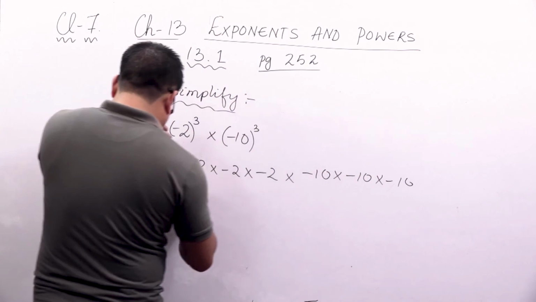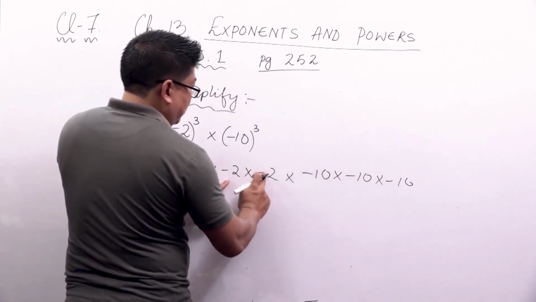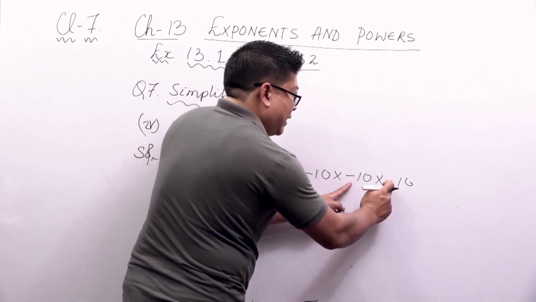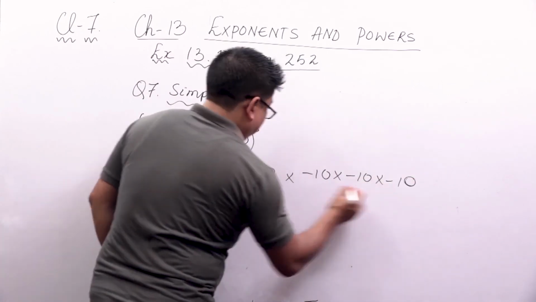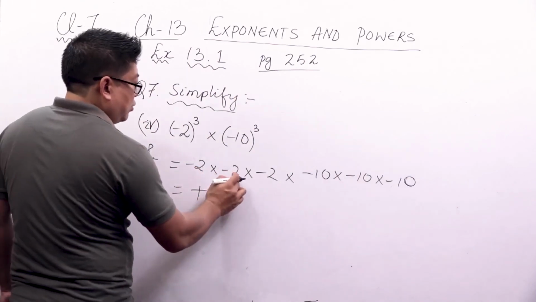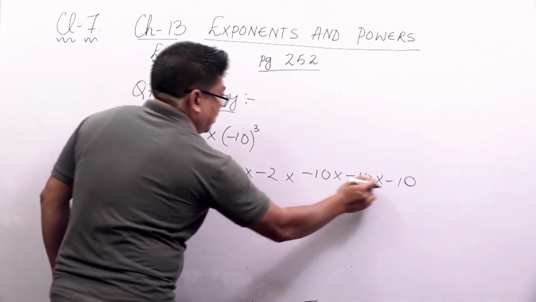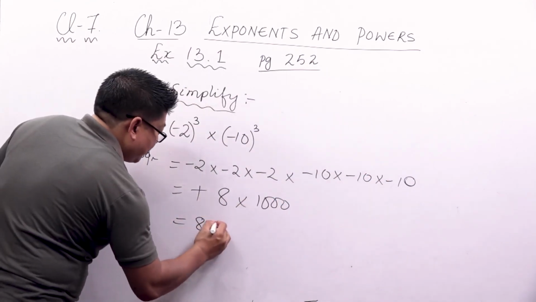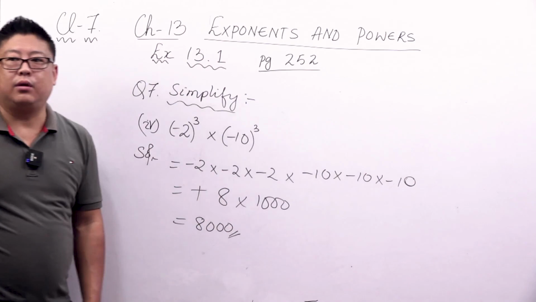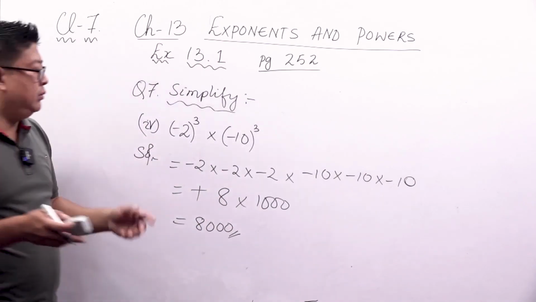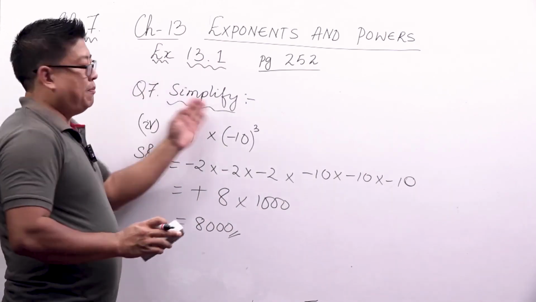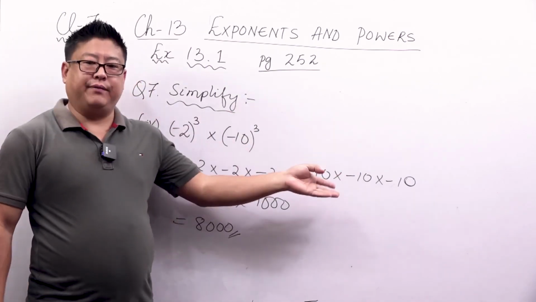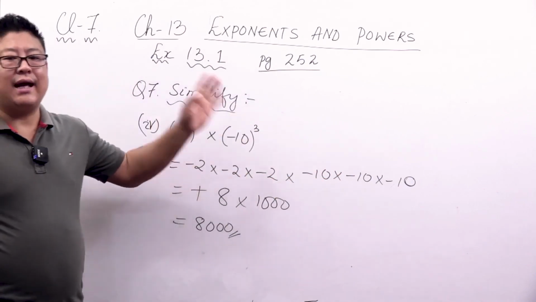Minus into minus plus, plus into minus minus, minus into minus plus. So our sign will be plus. 2 into 2 into 2 is 8, into 1000 is 8000. All right. So this is all about simplifying. When you say simplify, it means you have to multiply all the numbers and signs given here.